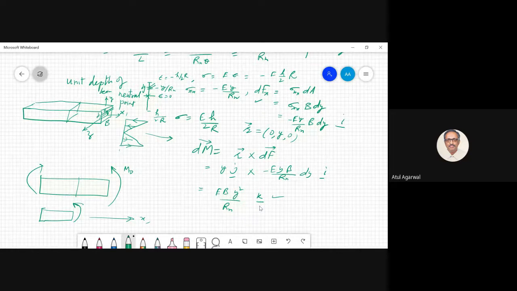Now you have to find the moment over the entire face. You see stresses are varying over the entire face. Compressive here, tensile here. Expression is given by this. Now you have to integrate to get the overall moment. So these moments you are calculating about this origin of the coordinate system you have chosen, which is also coinciding with the neutral axis. I'll explain this neutral axis to you.